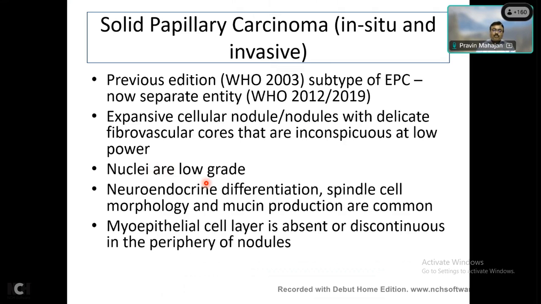Nuclei are always low to intermediate nuclear grade, and you can have neuroendocrine differentiation in this proliferation. You sometimes can see spindle cell morphology, and also sometimes mucin production within the cells. Myoepithelial cells will be absent within the proliferation and also around the nodules, but sometimes you can have discontinuous myoepithelial cells.